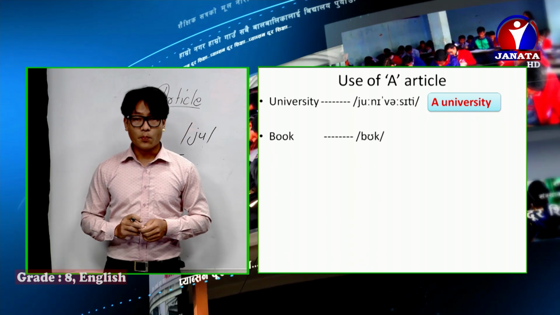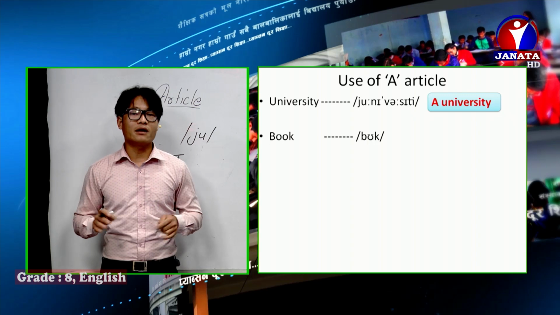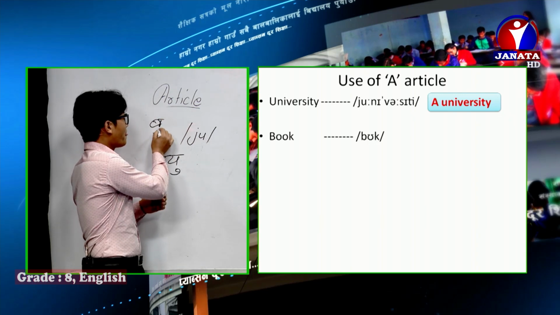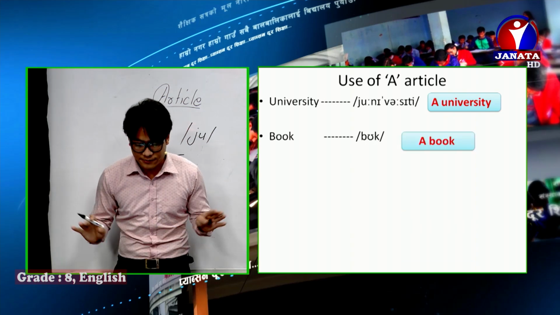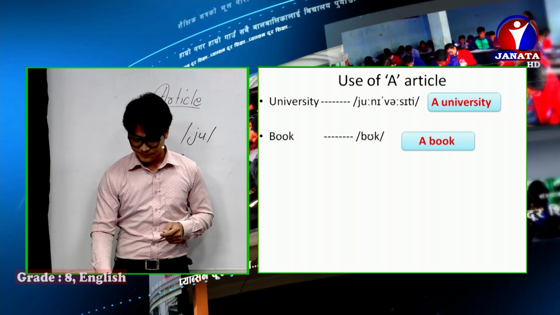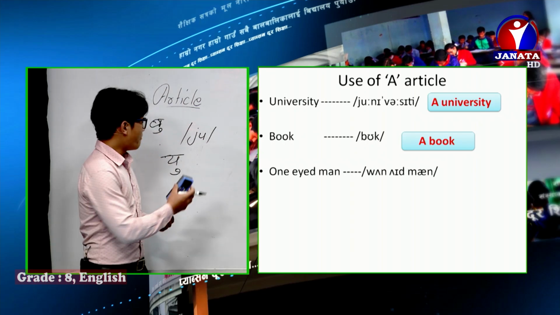Next, book. So we are clear, there is a book. So we are 100% clear about it that a book takes the A article. Next, one-eyed man.